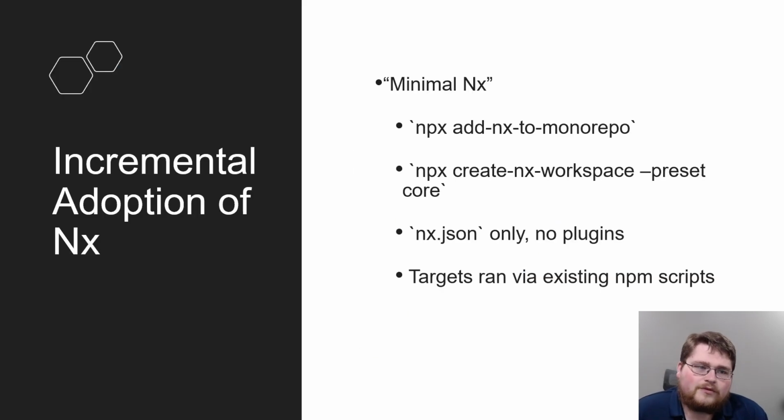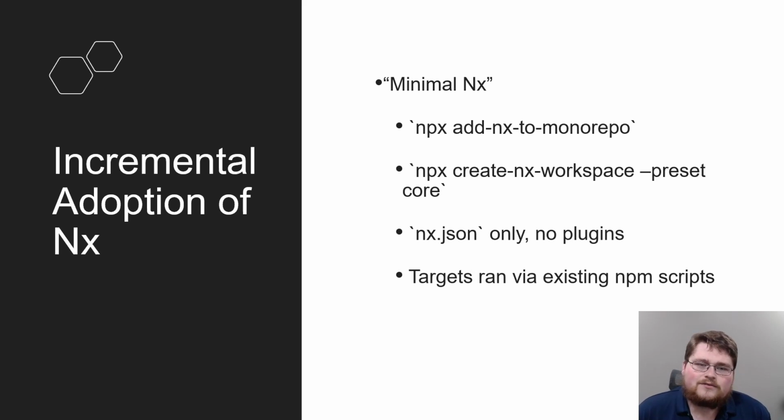So moving forward, let's look at how we can start adopting NX incrementally and what benefits we're getting at each step. So if this project did not have NX in it, and we're just looking at a project that was set up with Lerna, or a project that's not even been set up yet, we might use something like add-nx-to-monorepo or the core preset to create a project.